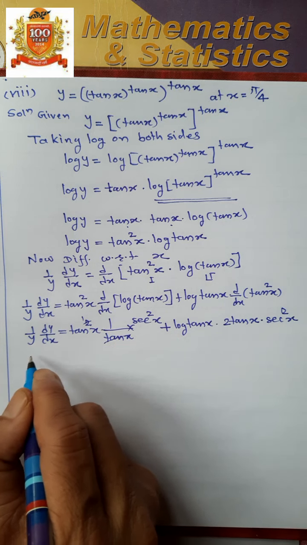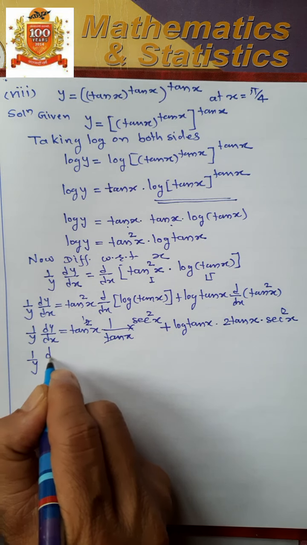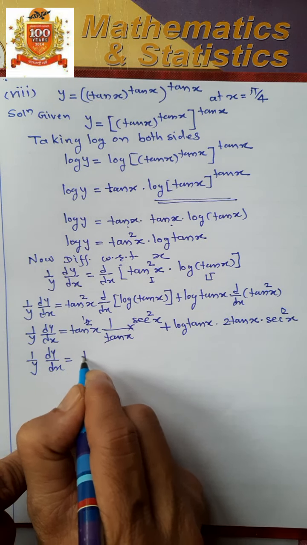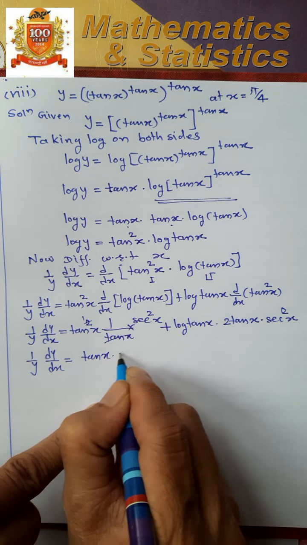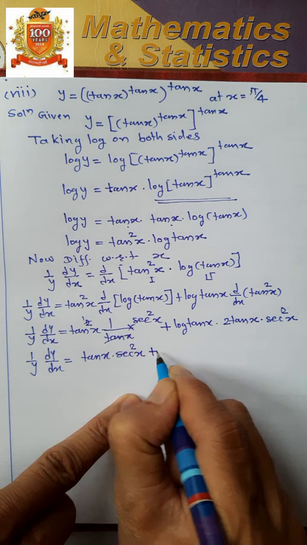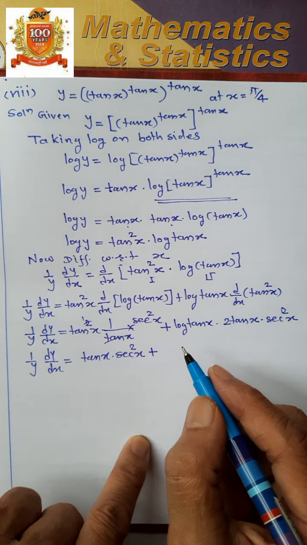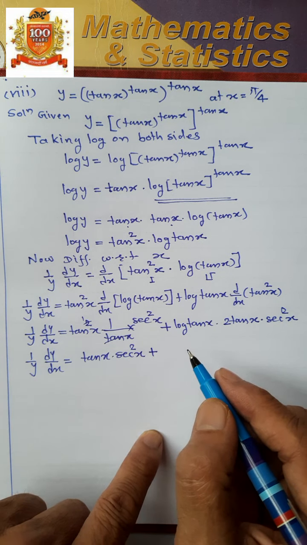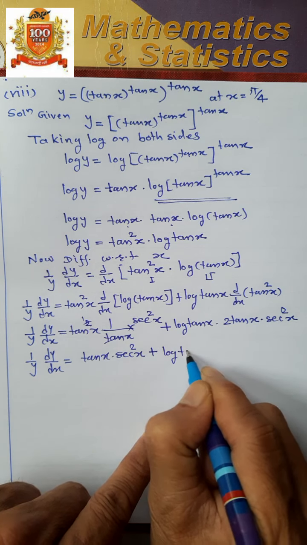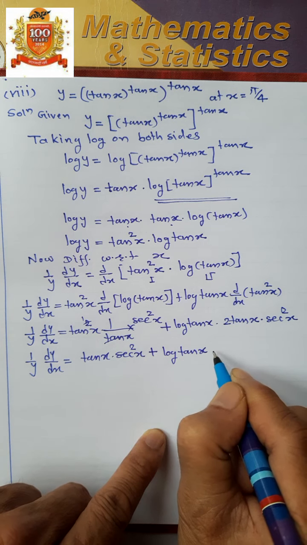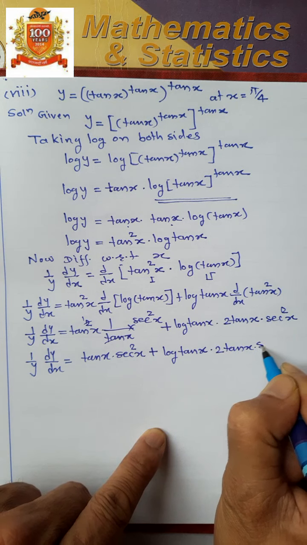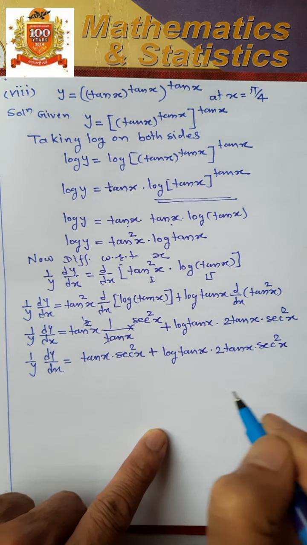Here we have 1 upon y dy by dx is equal to, we have tan x into sec square x plus log of tan x into 2 tan x into sec square x will remain.